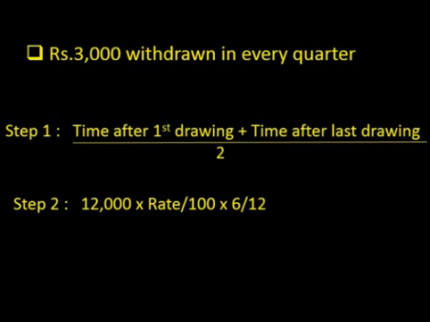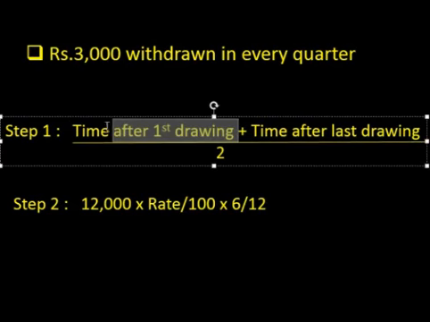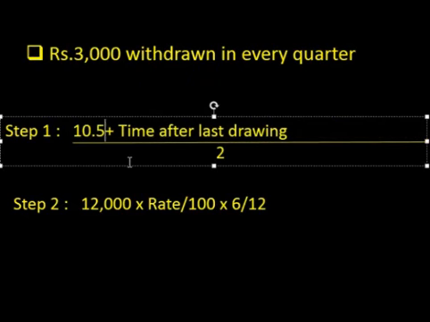So now we will see the first drawing. If the accounting period is 1st Jan to 31st December, the first drawing will be made on 15th of February, and if I calculate time after first drawing, that will be 10.5. It means 10.5 months.